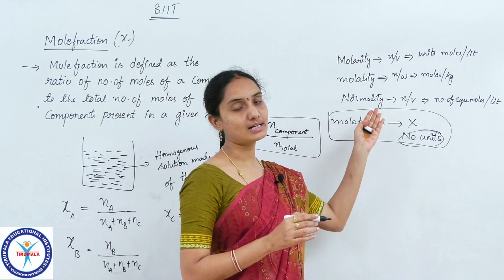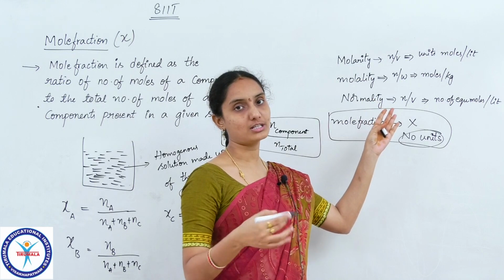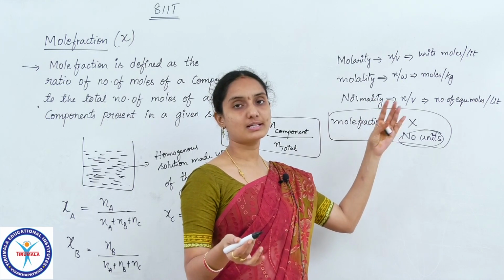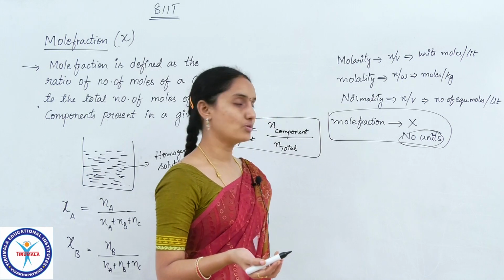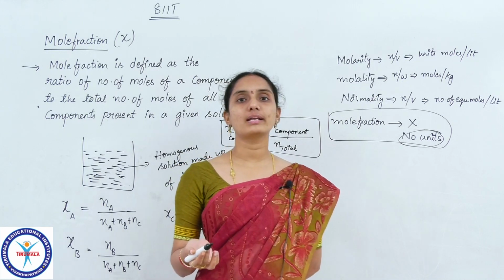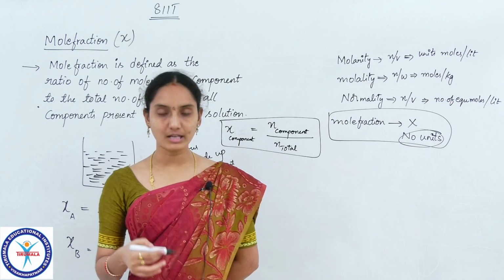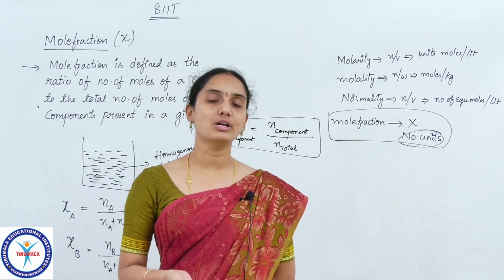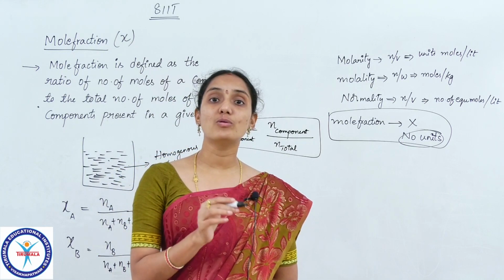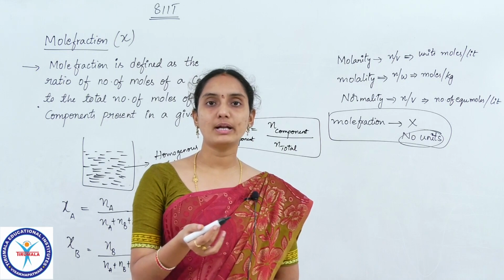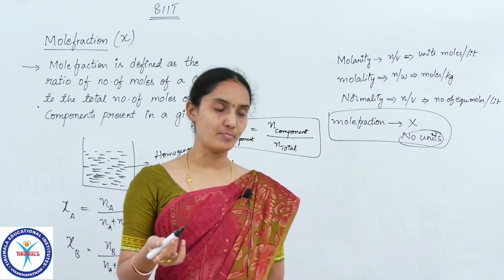Other quantities which are used to measure concentration have particular units. So in such a manner you can calculate the mole fraction of a particular component in a given solution when you know the number of moles of that particular component and the number of moles of other component.